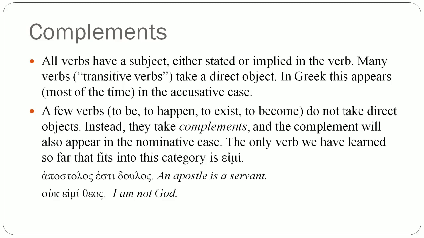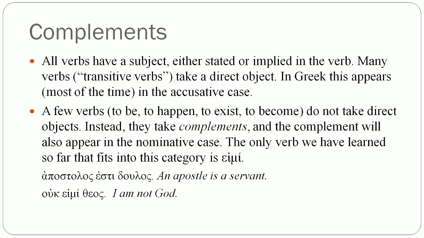When you have one of these verbs, it will take its subject in the nominative and the complement, that kind of description of it. When I say I am a human being, okay, the human being is your complement, and that will also appear in the nominative case.